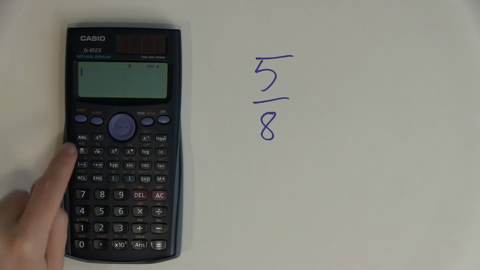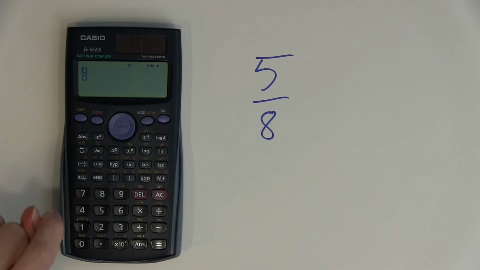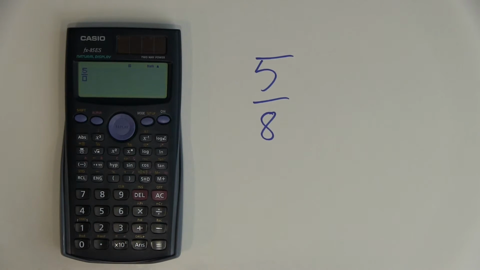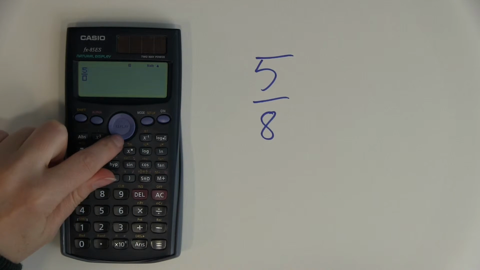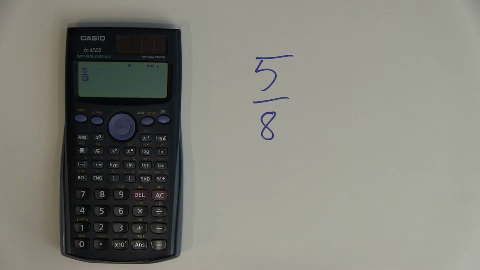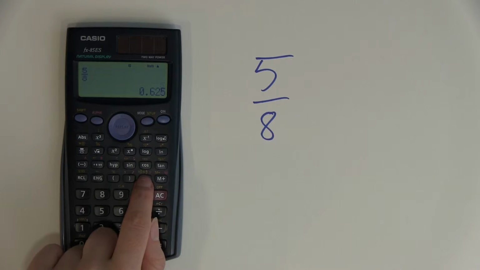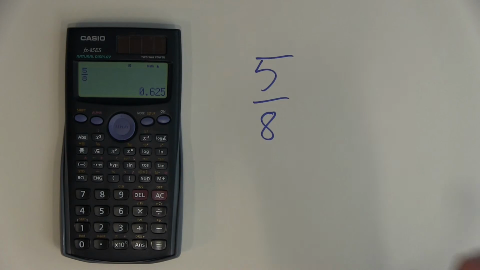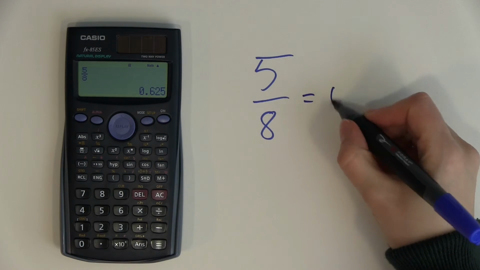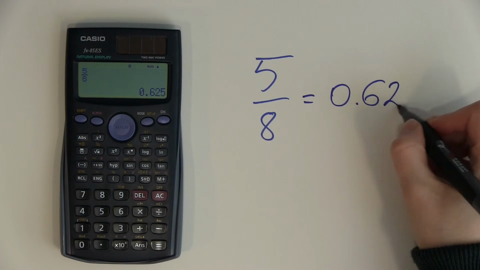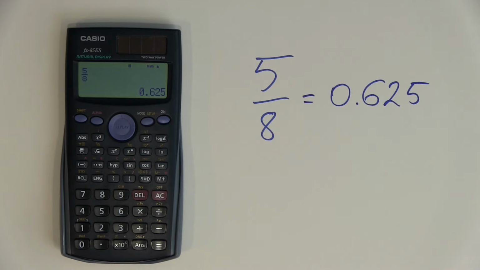So you can press the fraction button, put 5 at the top, use the arrows to come down and put 8 in there. Then you can hit equal. Now you've got the fraction on your screen, but if you wanted the decimal equivalent, remember to press the SD button. So 5/8 is equal to 0.625.